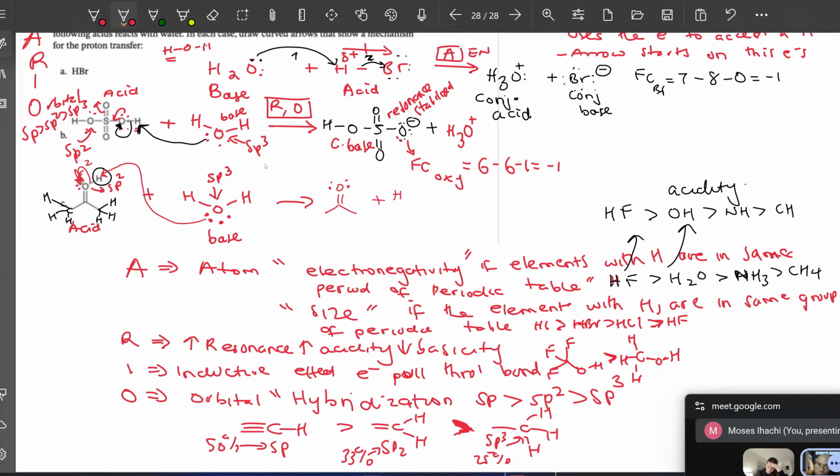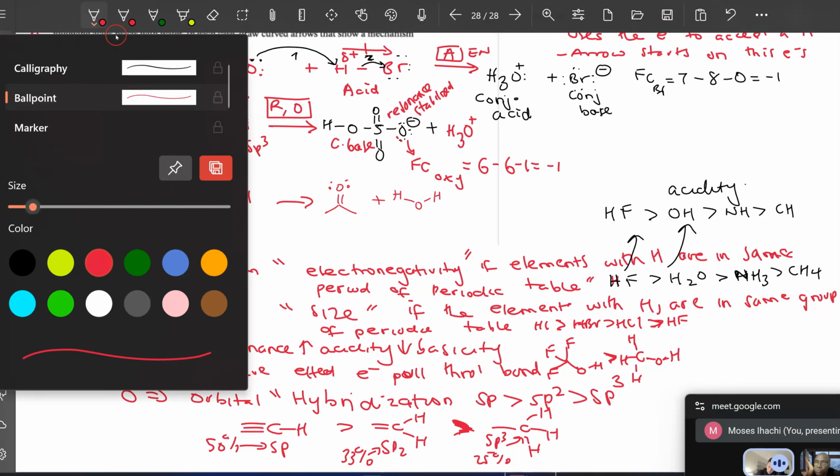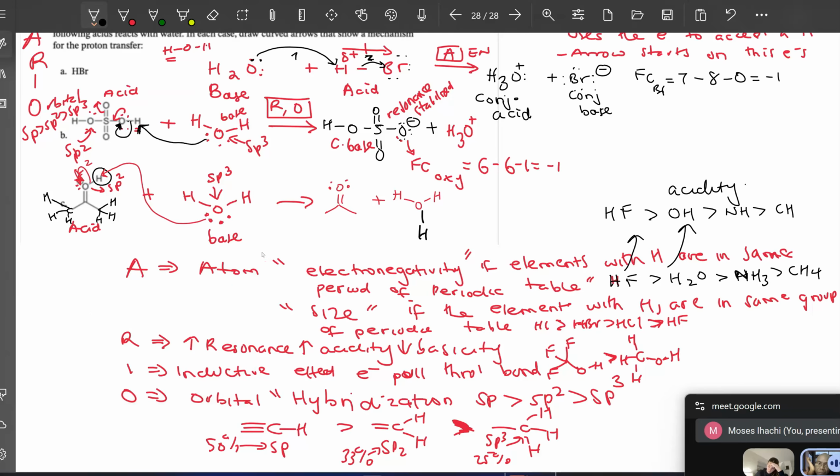The water, H3O plus. With the added hydrogen, you're left with only 1 lone pair. And then the H3O plus is the conjugate acid. Yes. And then the other one's the conjugate base. Yes, it can take back the hydrogen going backwards.